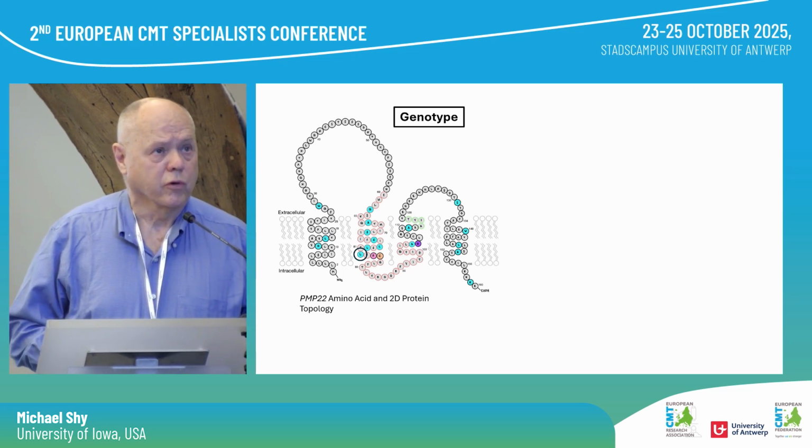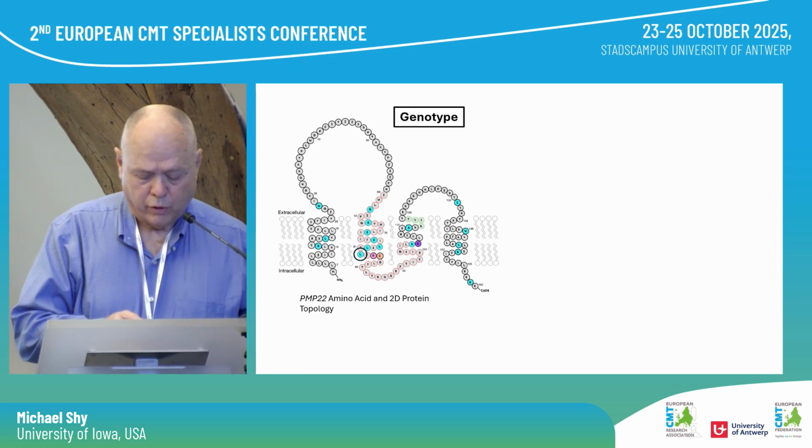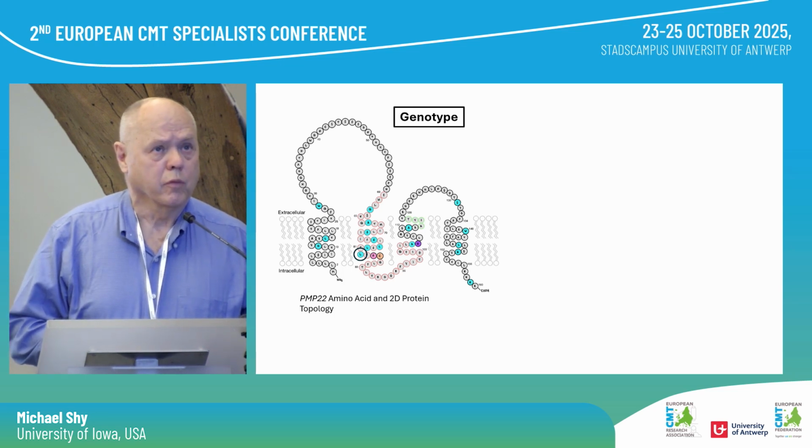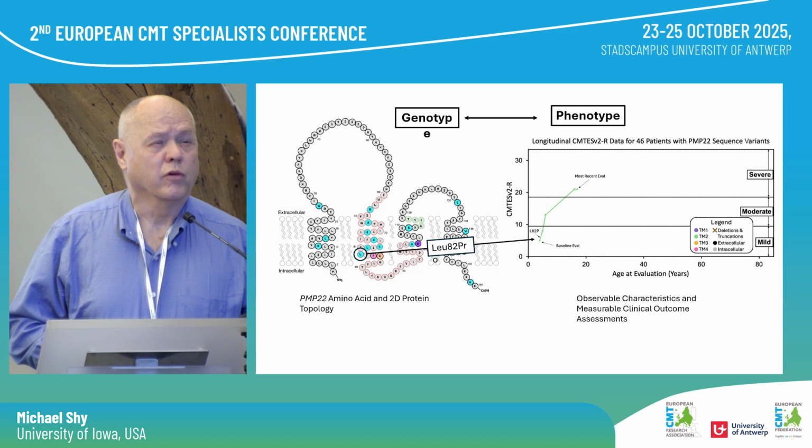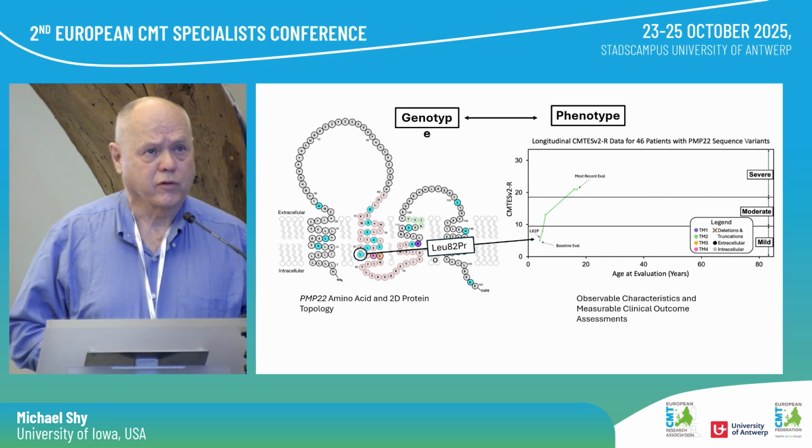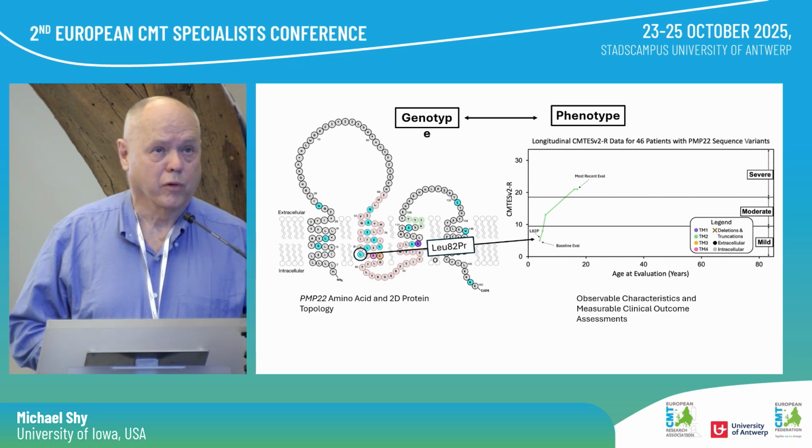I'm just going to show you initially just one mutation, which is the leucine 82 proline, just to show you that on the x-axis is age, on the y is a CMT exam score, and that these progress actually very quickly over the first few years from mild into a severe range, and this is true for many of them.